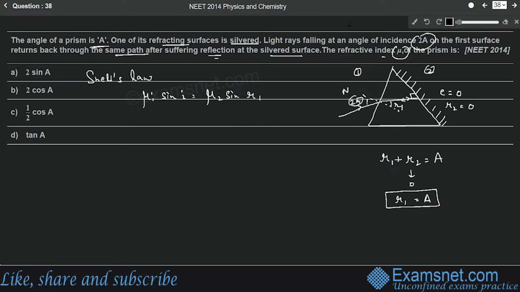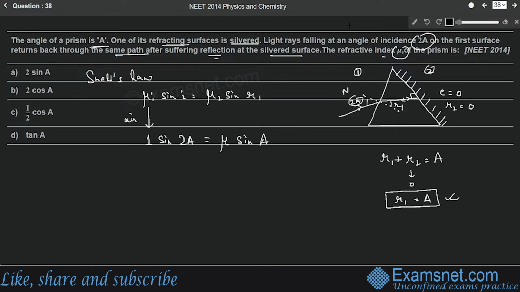Mu1 is the refractive index of air, which is 1, into sine of the angle of incidence, that is 2A, as given in the question, equals mu2, the refractive index of the material of the prism, given as mu in the question, into sine R1, and we have seen that R1 is equal to A.